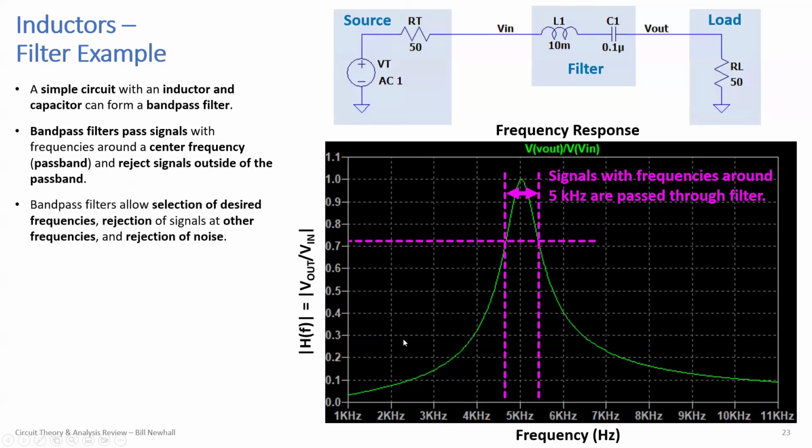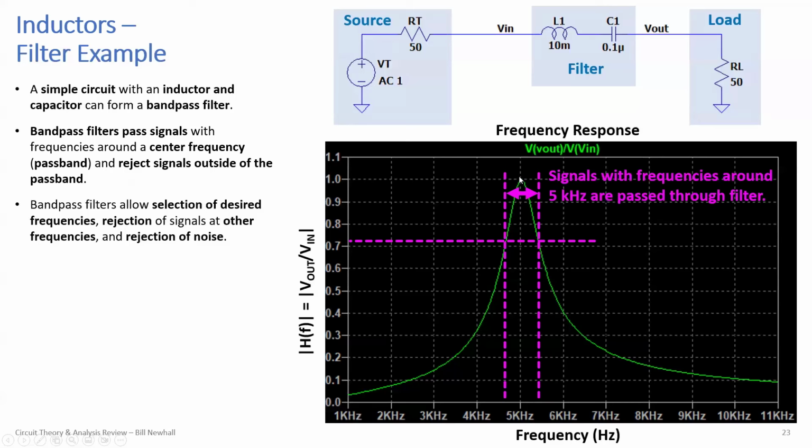So you can see that this filter, let me talk about these axes. This is H of f, shown from 0 to 1. Here's frequency along the horizontal axis. There's this band right around 5 kilohertz that is passed. Right here at 5 kilohertz, we have a 1.